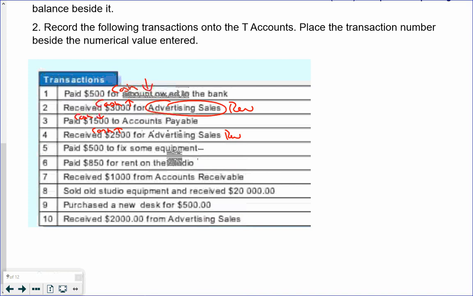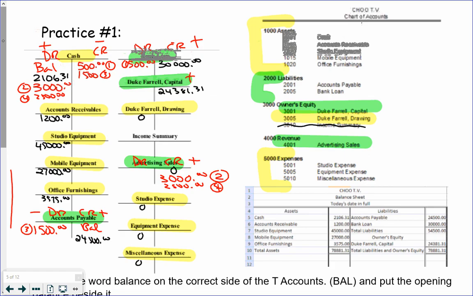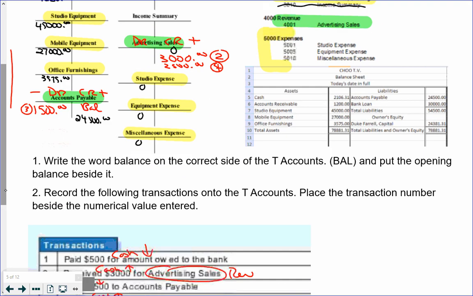Okay, paid 500 to fix some equipment. So this means then that your cash is going to go down. So let's just do that part first. So cash is going to get credited, 500. Okay. So right here is your equipment expense.